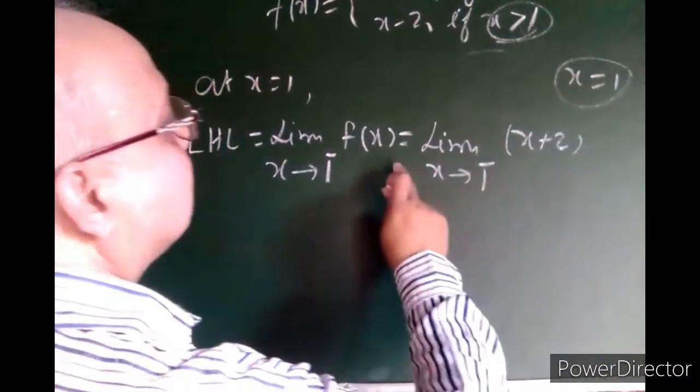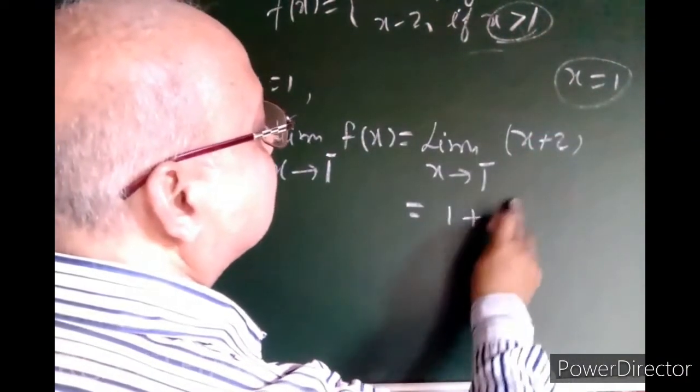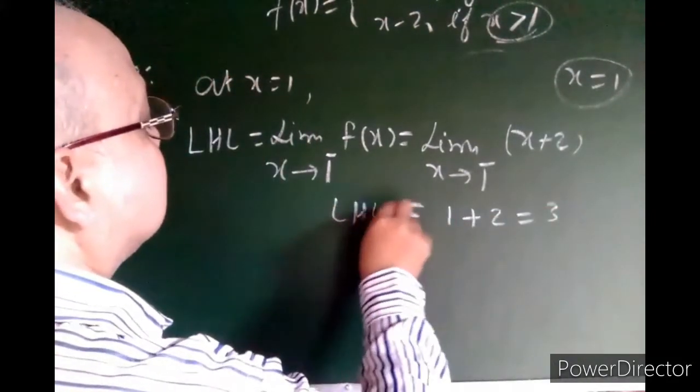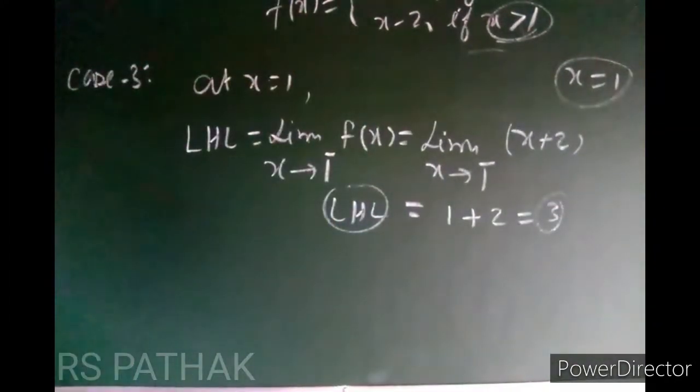Putting x equal to 1, 1 plus 2 equals 3. This is the left hand limit. The left hand limit is 3.